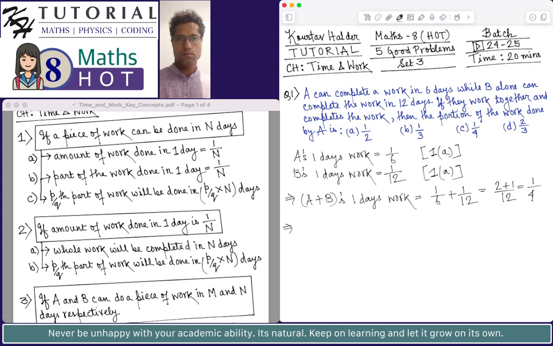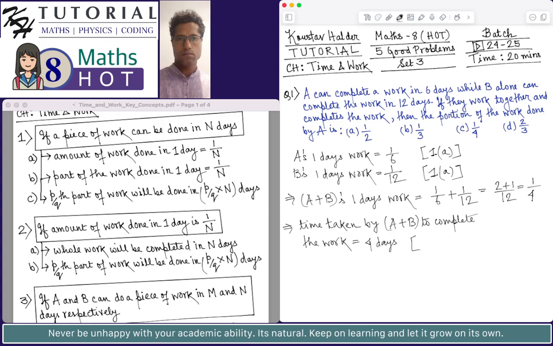Okay, so now I can say that the time taken by A plus B, A plus B meaning A and B working together, to complete the work will be equal to 4 days.